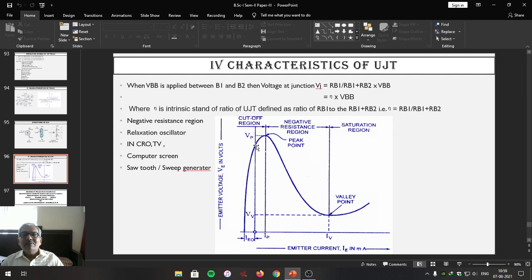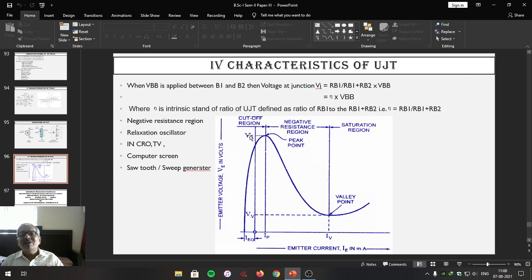When emitter voltage becomes equal to 0, it crosses the y-axis. And if you further increase the emitter voltage, current still increases and becomes maximum.